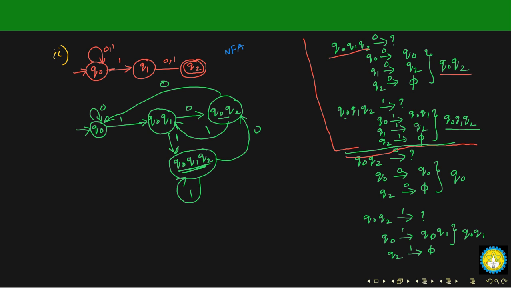Again, don't forget to mark your final state. If you look at the NFA diagram, you can understand that Q2 is the final state. So in our DFA, Q0 Q2 is a state which contains Q2. Similarly, Q0 Q1 Q2 also contains Q2. So we have to mark these two states as final states.